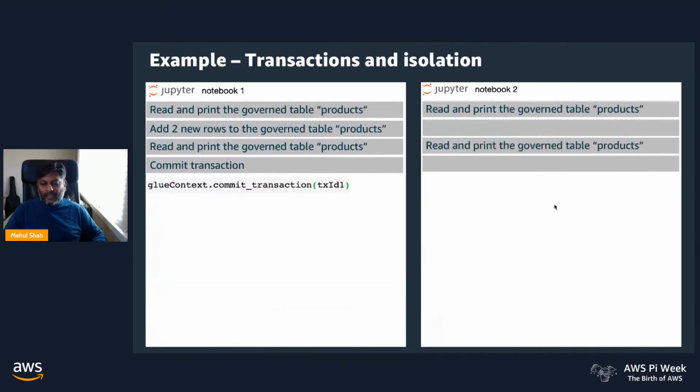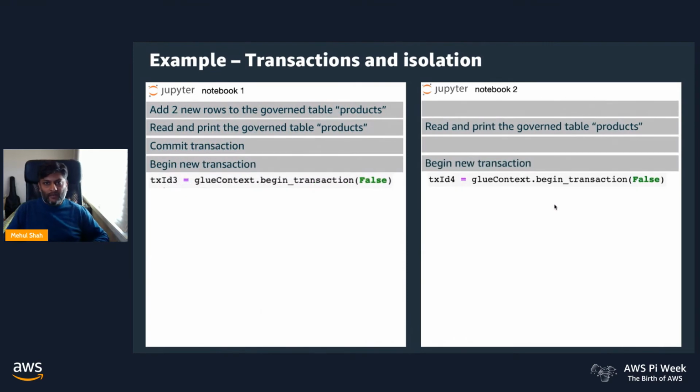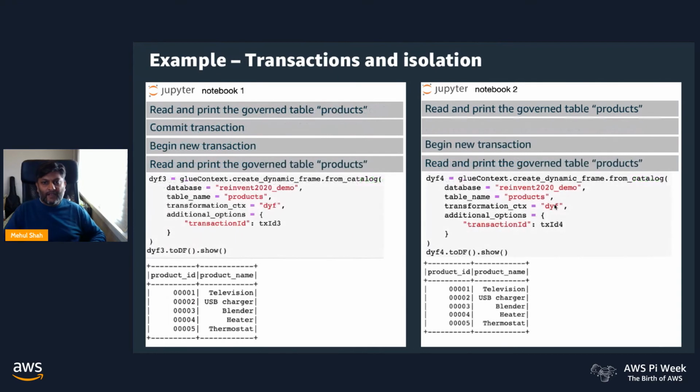Now, after you commit the transaction, that's when the updates are reflected across the data lake for all of the other users, or all of the other notebooks that are running at the same time in this example. So when you run another transaction, they're going to see the same data.